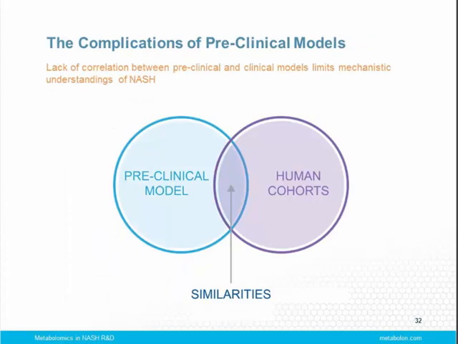Something that's been mentioned multiple times throughout this webinar is the lack of correlation between preclinical rodent models of NASH and those in the human disease. So what we're able to do with our human cohort is to compare and contrast the metabolic signature from the human cohort to the preclinical models, and we can identify similarities. And this can be helpful in the identification of biomarkers or even mechanism and pathology of disease.